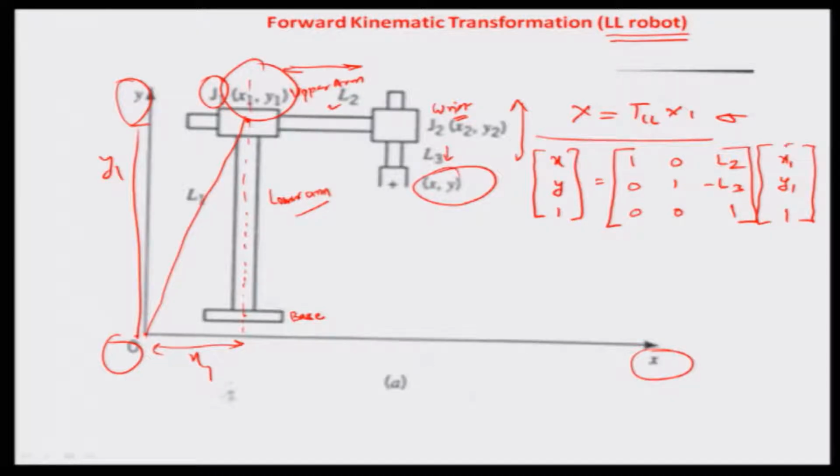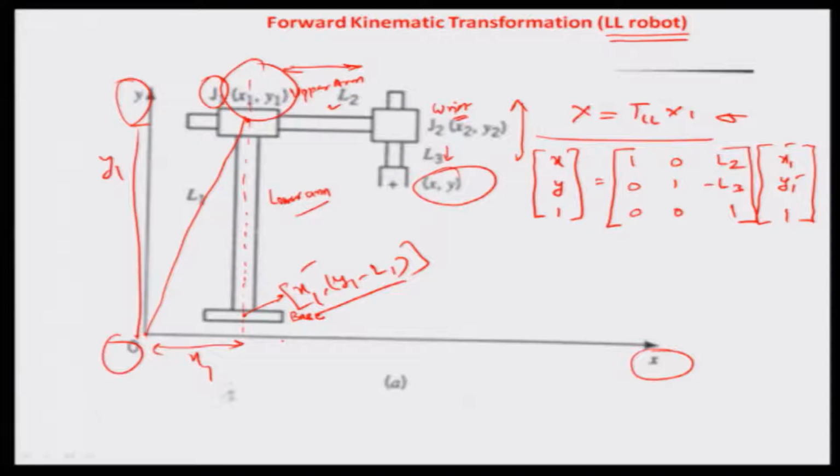So, if we know where this particular joint J1 is located, and in fact this joint has a relationship with the base, we can further allow this particular base to be represented as x1 and y1 minus L1. Okay. So, that is how you can see it with respect to the base as well.